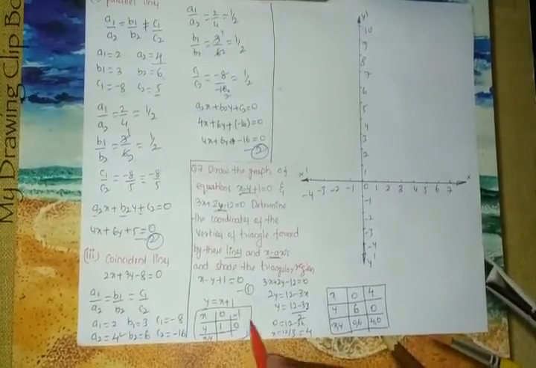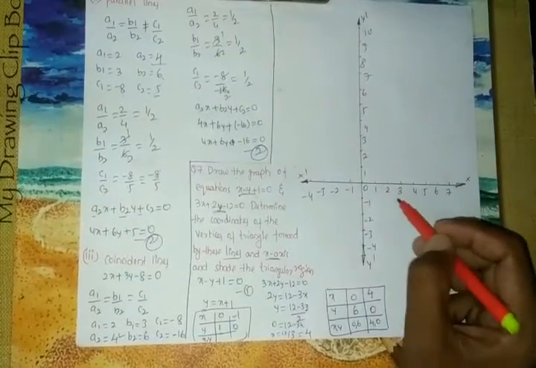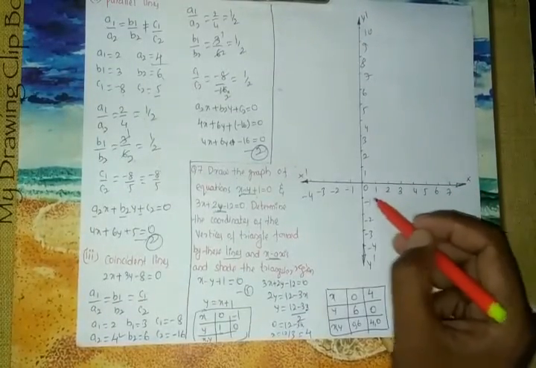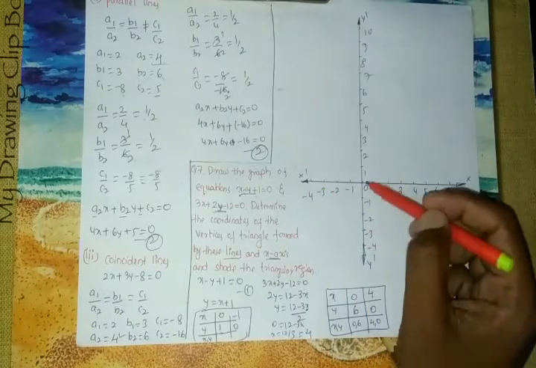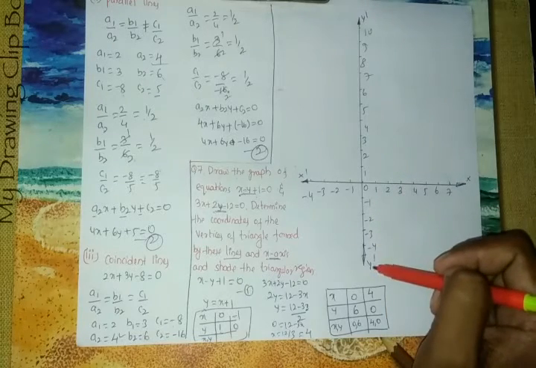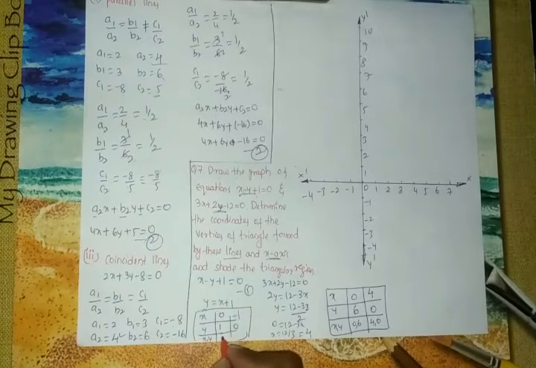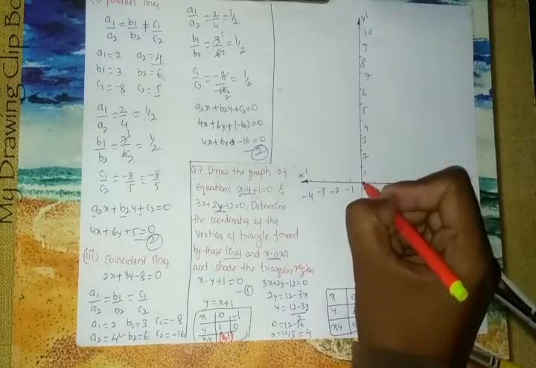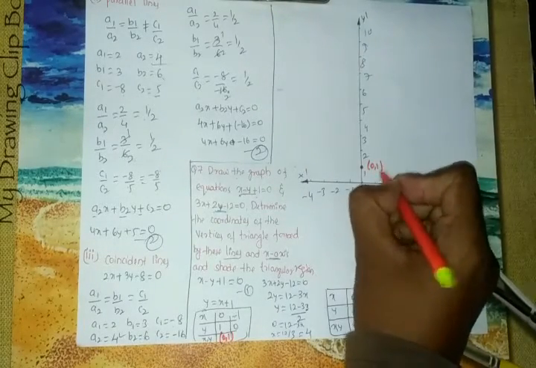Let me represent these two equations on the graph. I have taken interval 1 along the x-axis and -1 on the negative x-axis, and 1 along the positive y-axis and -1 along the negative y-axis. So when x is 0, I have y as 1. So this is 0 comma 1.